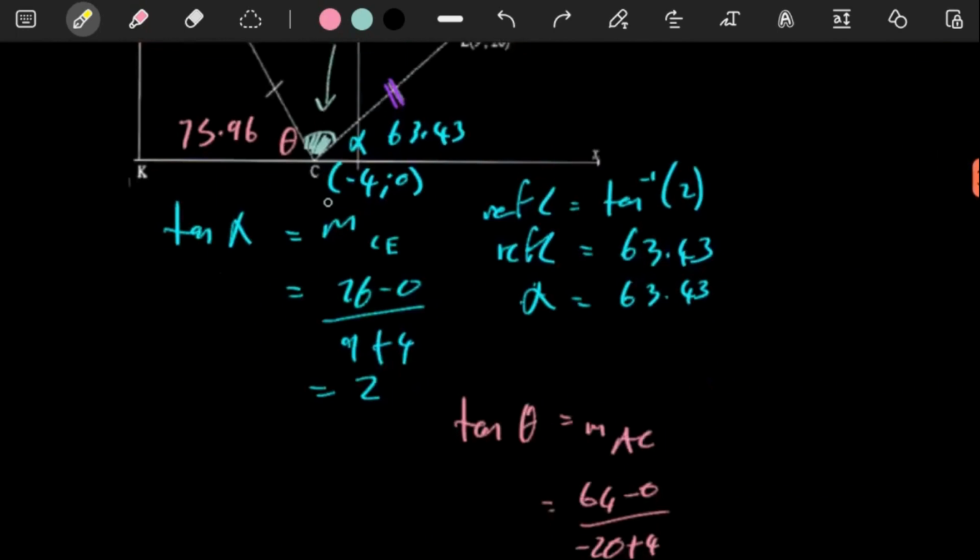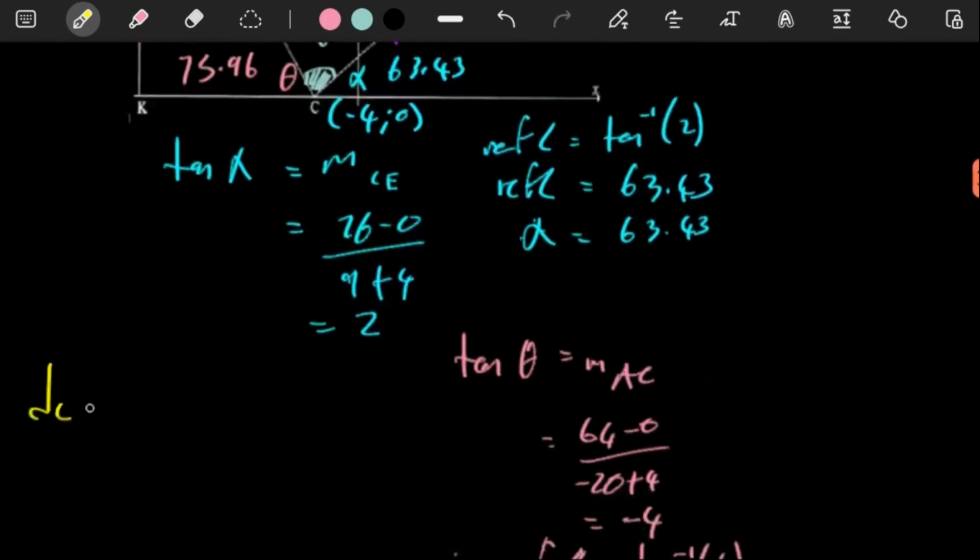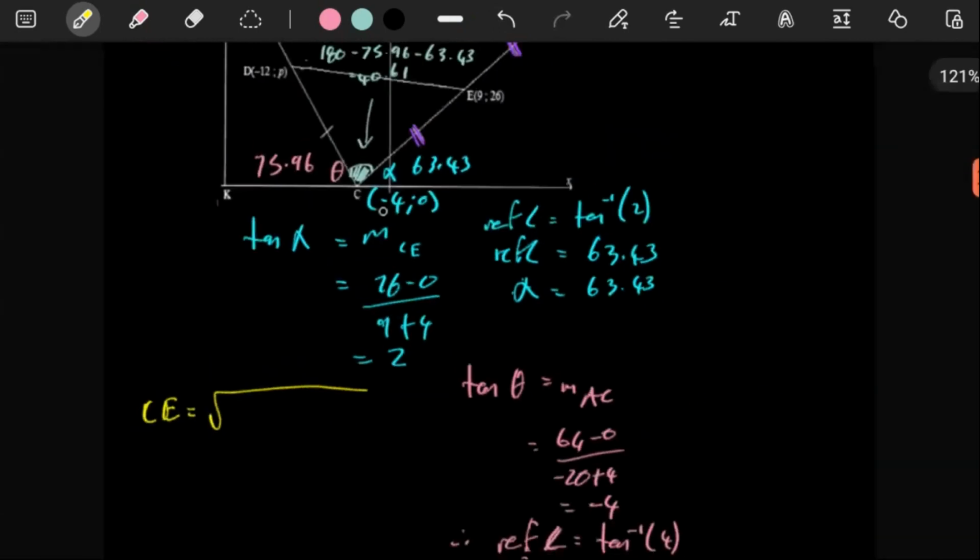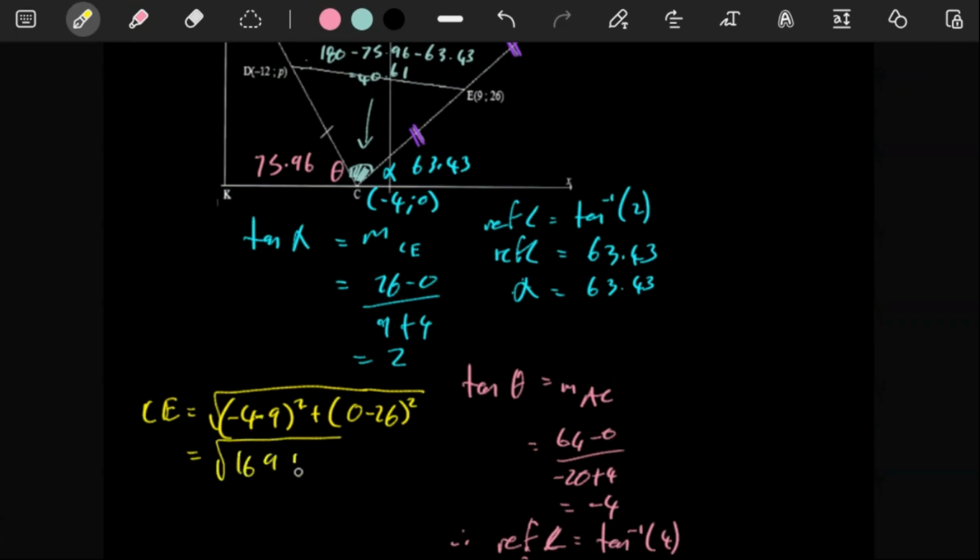Well, let's get the distance of CE first. So the distance CE is going to be equal to the square root of (-4 minus 9) squared plus (0 minus 26) squared. So -4 minus 9 is -13, squared is 169.